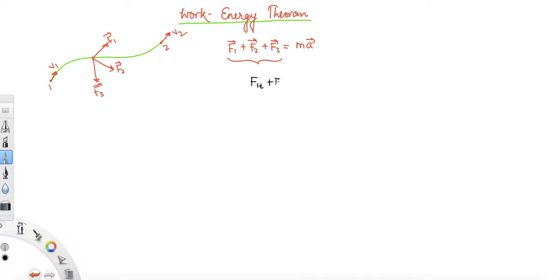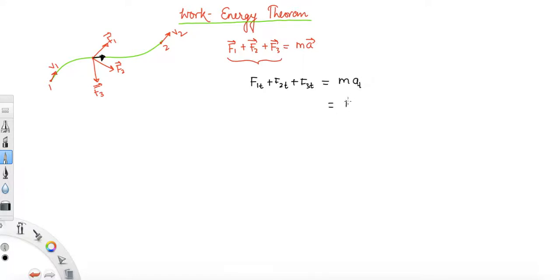F1t plus F2t plus F3t are the tangential components of the force, meaning the forces along the direction of velocity, and this will be nothing but mass times the tangential acceleration, that is at.